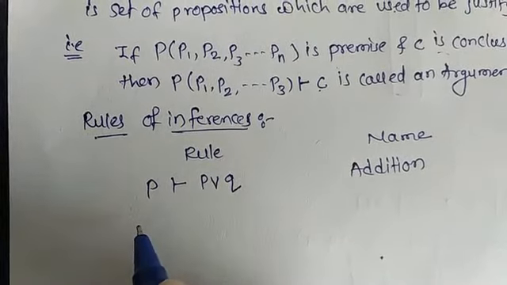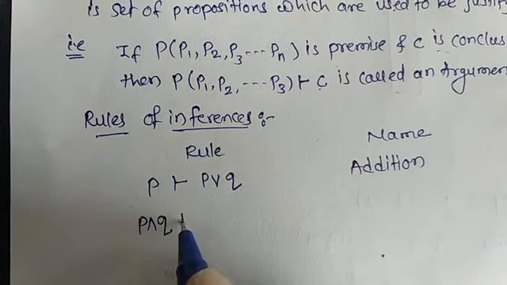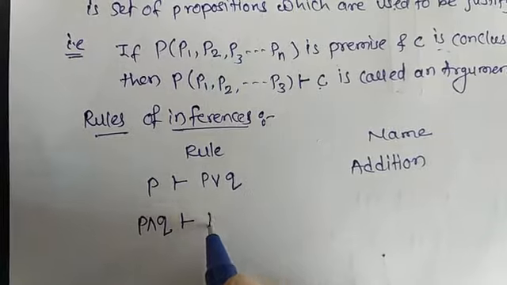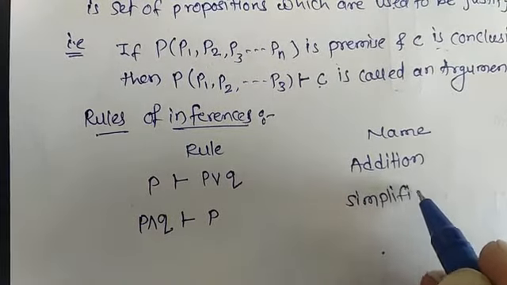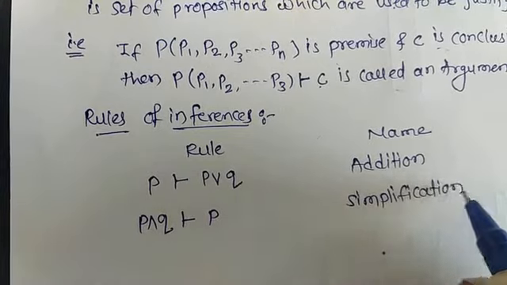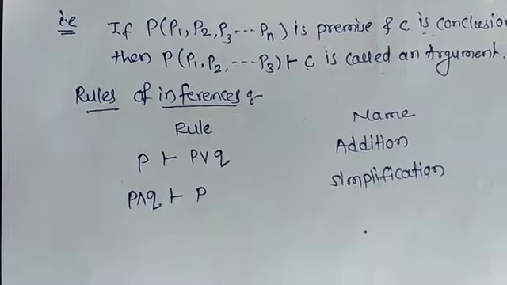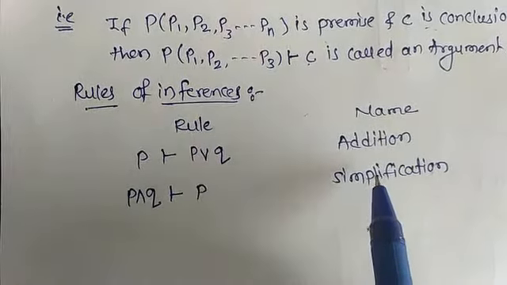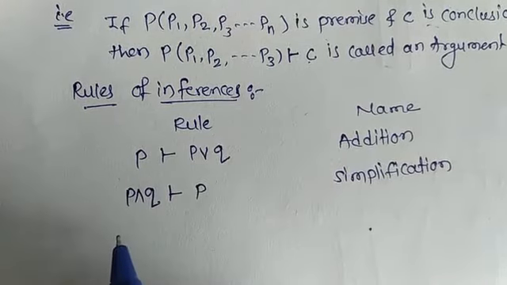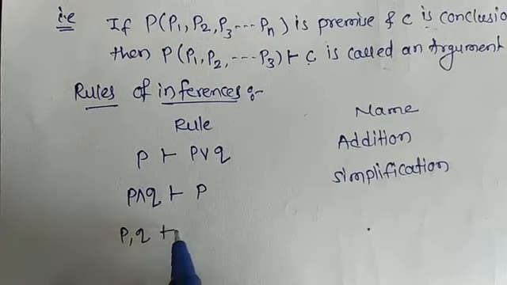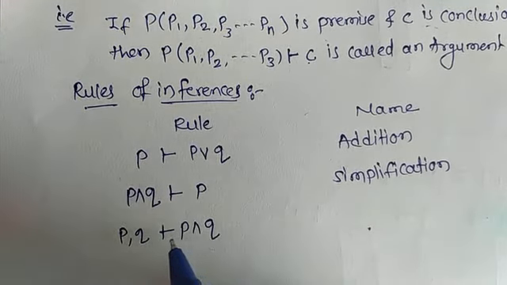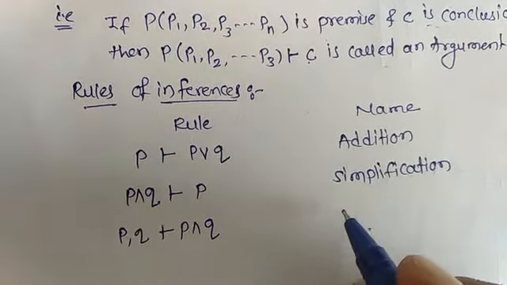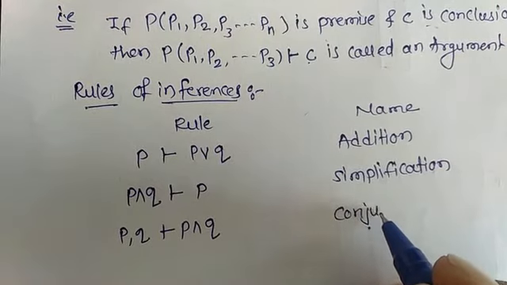Next, P and Q conclude P. It is known as the simplification rule. P comma Q concludes P and Q. It is known as the conjunction rule.